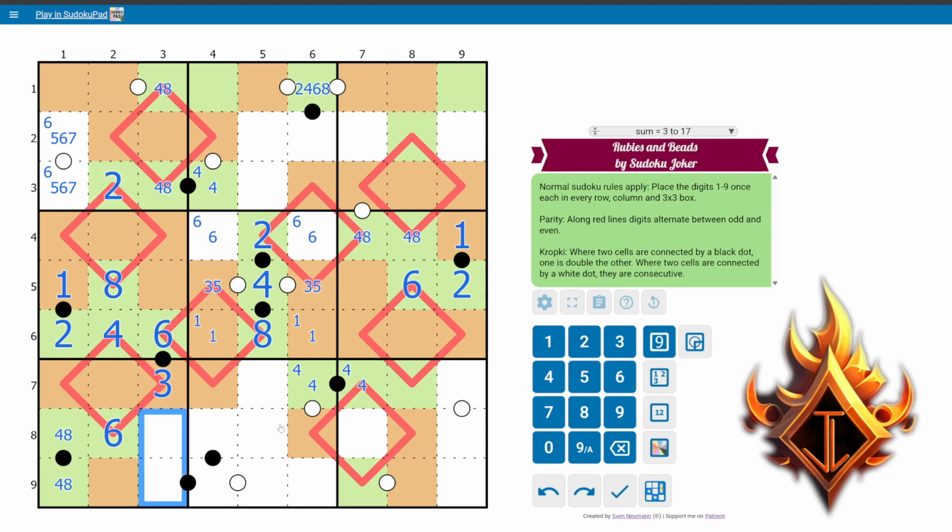And then 2 was down here. And then what? Maybe this. This 2 is going here. And then it will go at the top.